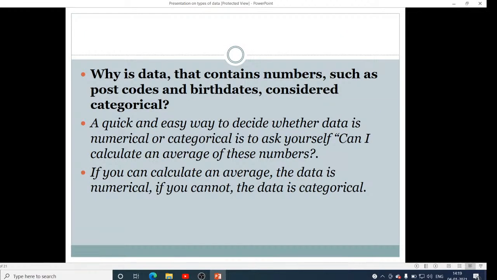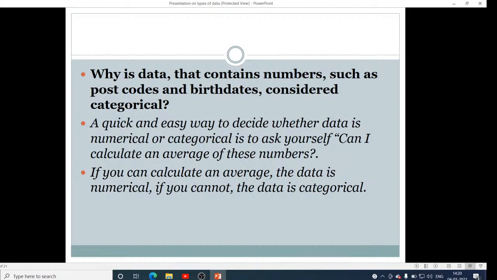Next, there is a simple query. Why is data that contains numbers, such as postcodes and birth dates, considered categorical? See carefully.